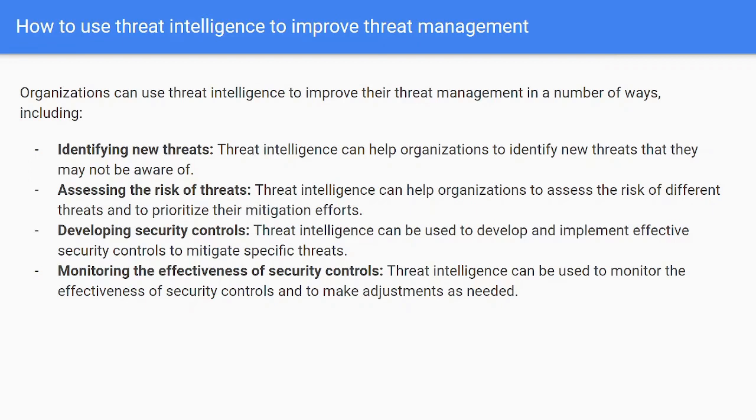And then the last part is monitoring the effectiveness of the control. When you put a control in place, you monitor it, you look at it, you cross-check. You can even do a simulation. Let's say you are a financial institution and you realize that you are prone to phishing, that your employees are prone to being phished.